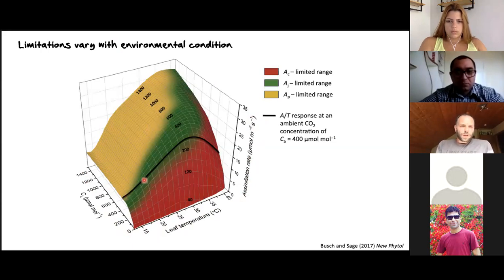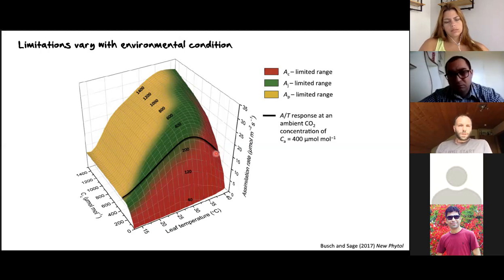So here in the black line, that would be your ambient CO2 concentration temperature response, going from low temperatures down here to high temperatures. And you can see that you tend to go from the yellow triphosphate utilization limitation at low temperatures towards Rubisco limitation at high temperatures. So really what is ultimately limiting depends on a lot of different parameters and components.